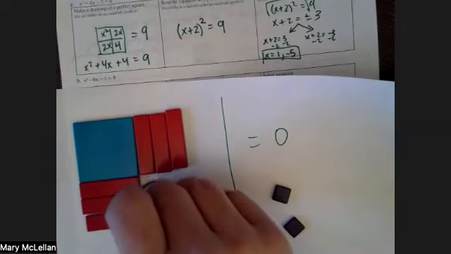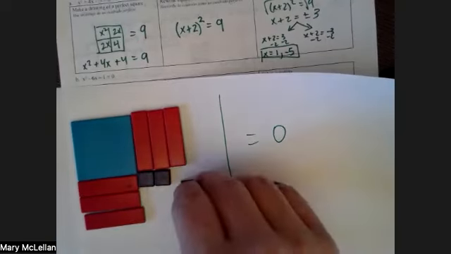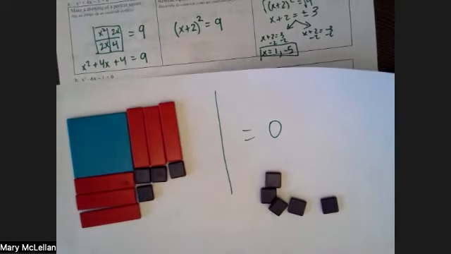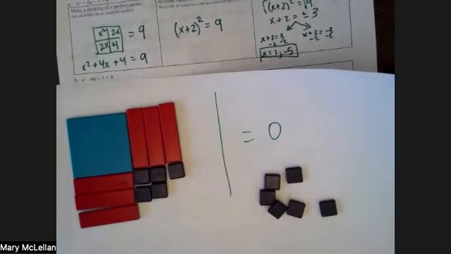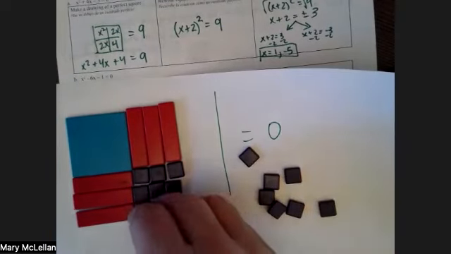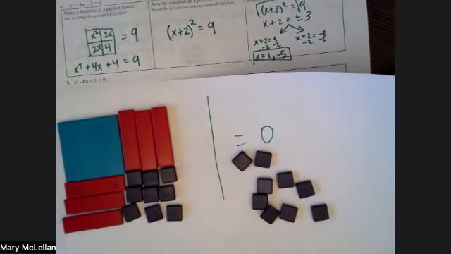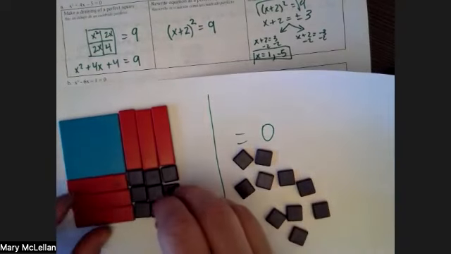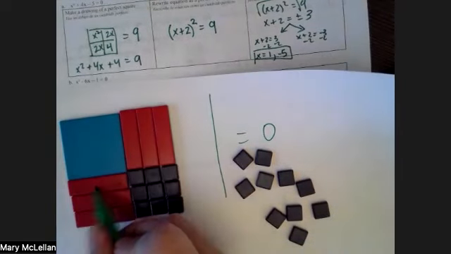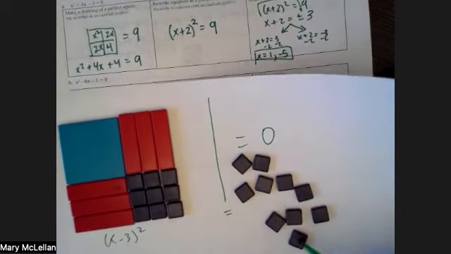So 1, 2, 3, 4, 5, 7, 8, 9. Great. And this is the equation x minus 3 squared, because it's a square, equals 1, 2, 3, 4, 5, 6, 7, 8, 9, 10.